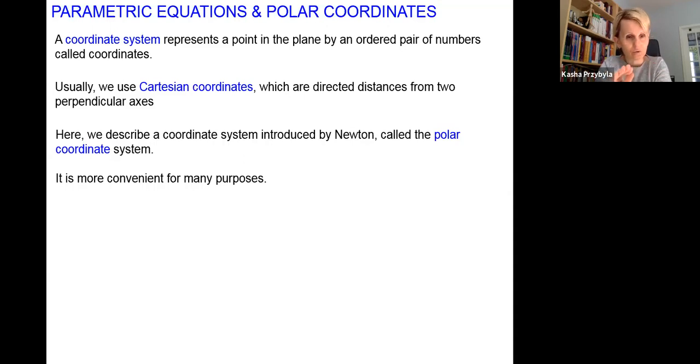We will not look at the perpendicular distance in the horizontal direction, which is the distance from the y-axis, or the vertical direction, the distance from the x-axis. We will look from a different angle.